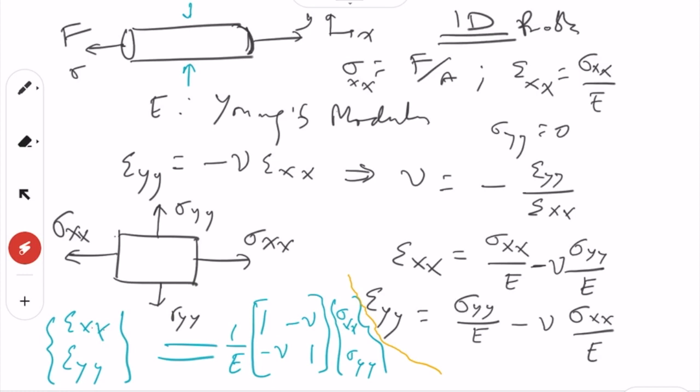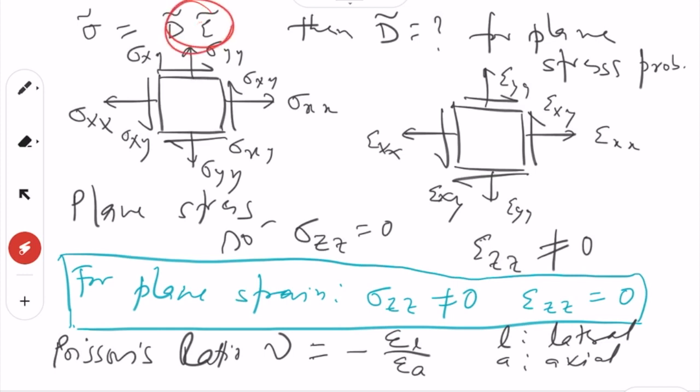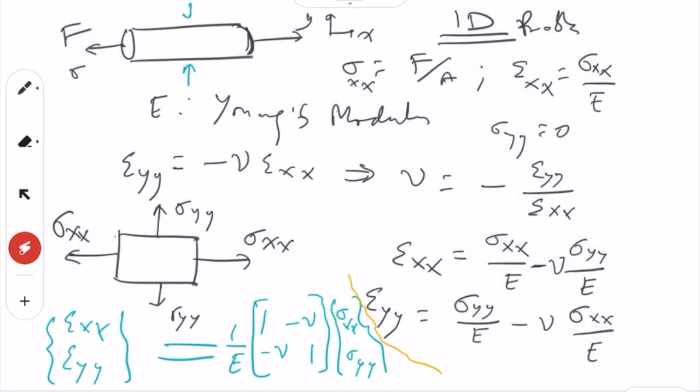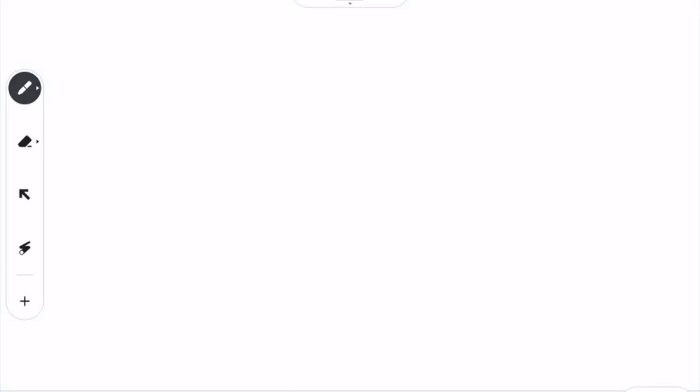So epsilon xx, epsilon yy equal to 1 over E, 1 minus nu, minus nu 1, sigma xx, sigma yy, right. But remember, sigma is written as a function of epsilon, so D is here. So this is sigma equal to D times epsilon, but here we are writing epsilon equal to some matrix times sigma. So we have to invert basically. So then if you invert it, what do we get? We get like this.